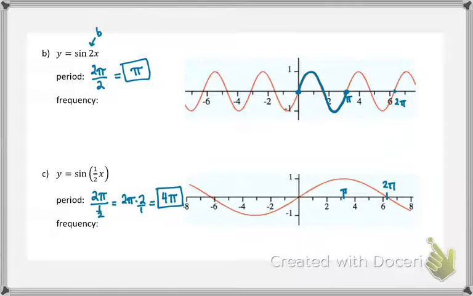So from (0, 0) to 2 pi, I've gone half a cycle. But if I go 2 pi to the left of (0, 0), so negative 2 pi, here is one full cycle before it starts repeating again. And this distance is 4 pi, which is my period.